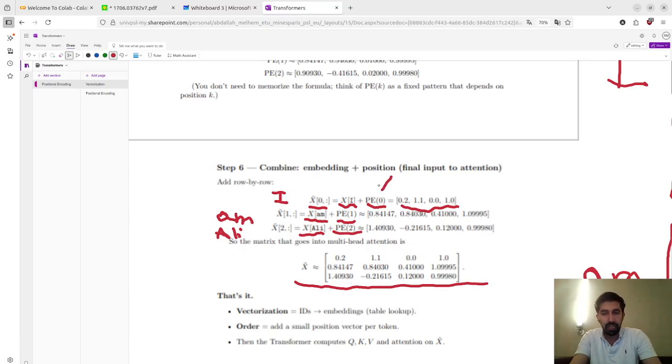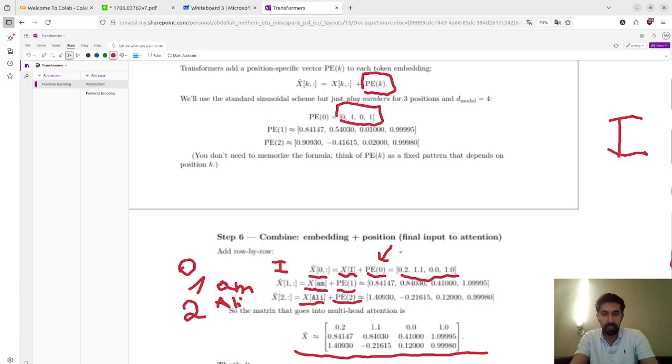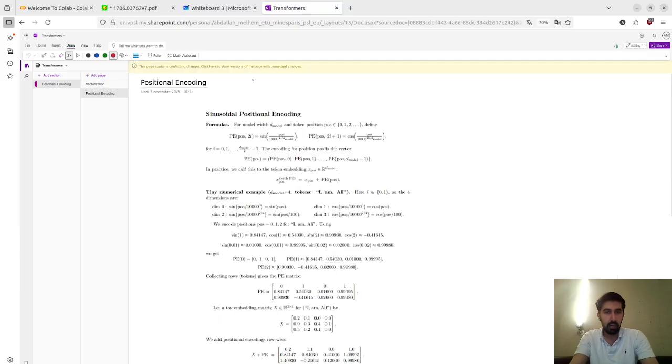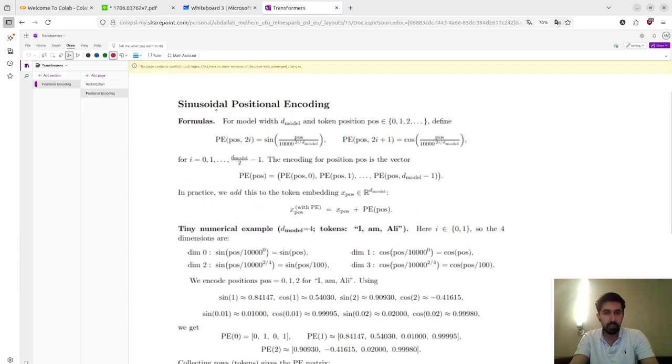However, how do we get the positional embedding? I do know that I is at position 0, am is at position 1, and Ali is at position 2. How do I get the vector that should be added? As you can see, positional embedding is of the same size. In the original paper they had size 512, so positional embedding should be of size 512. I explained it over here. They use sinusoidal positional encoding, and the way it works is as follows.